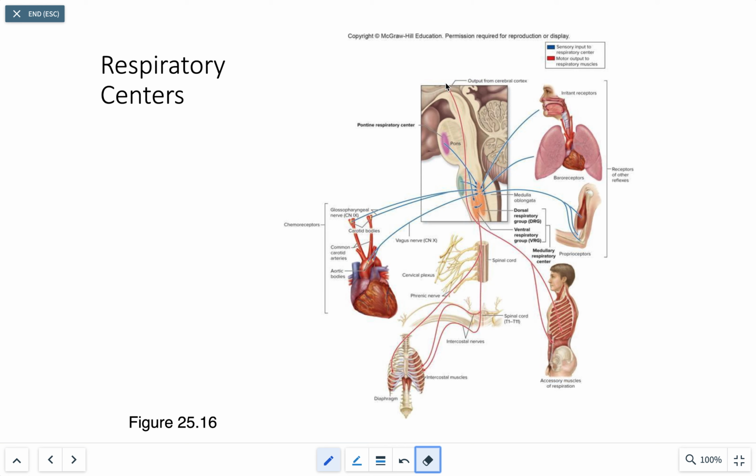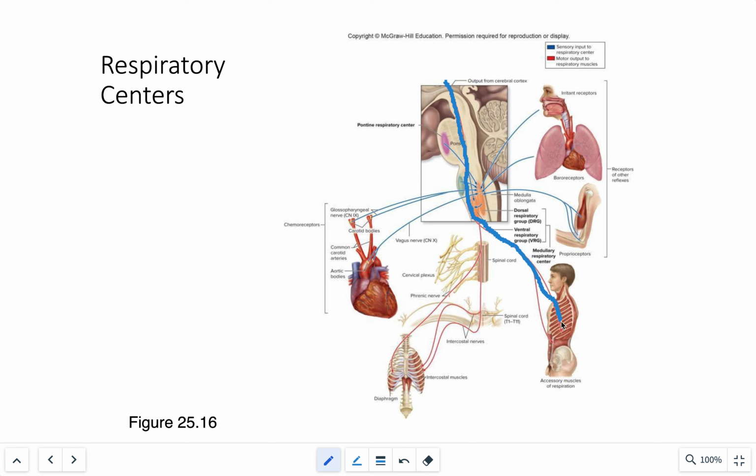Oh, the last part I should mention too is the cerebral cortex. I'll draw a line here, such as your limbic system and the cerebral cortex. It also can trigger any accessory muscles of respiration.